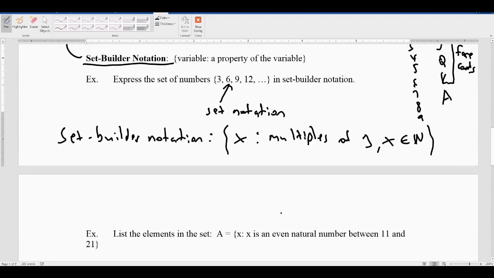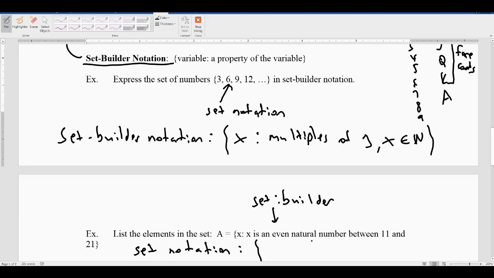Now in this example, this is set builder notation. We're going to write the answer in set notation. That just means we're going to list the elements in a set, in set braces. An even natural number between 11 and 21.